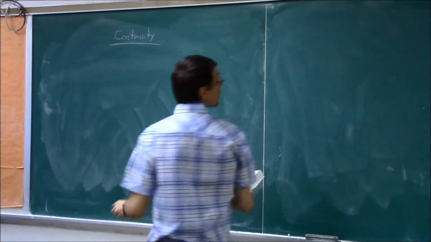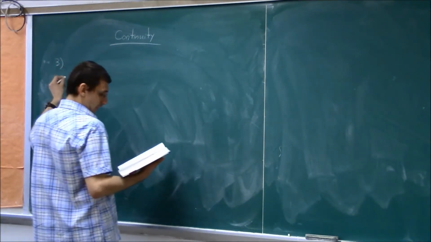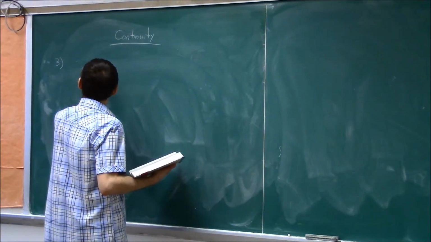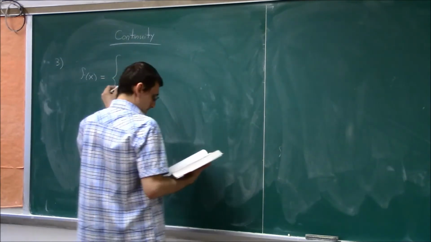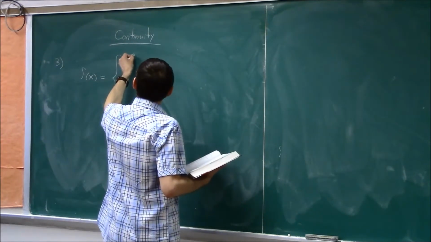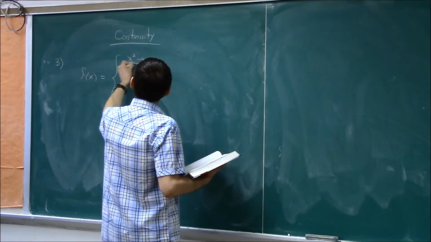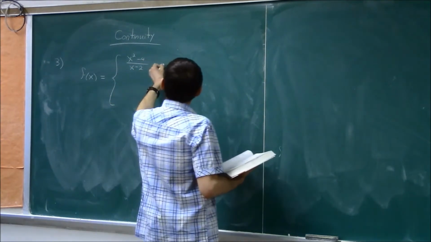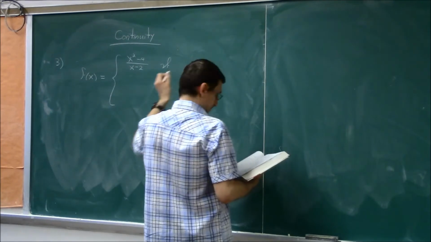So consider question number 3, where the function given is as follows. The function is (x squared minus 4) over (x minus 2) if x is smaller than 2.